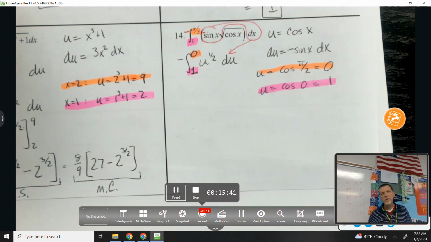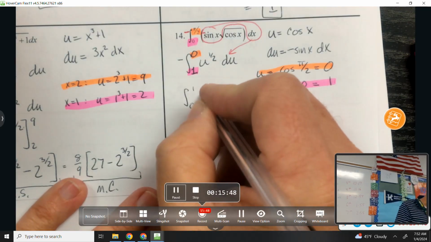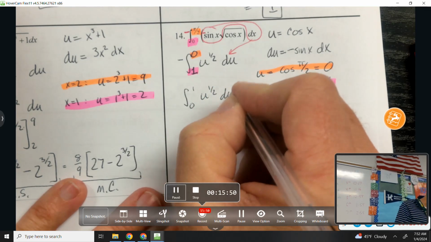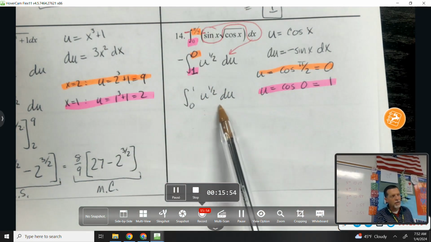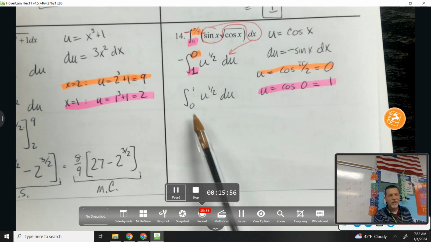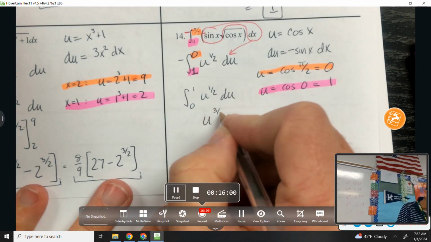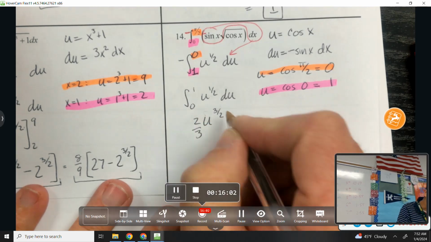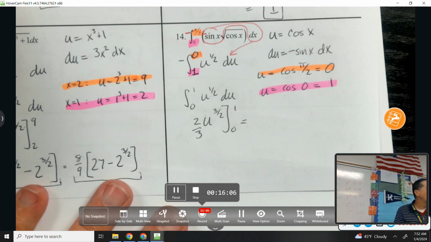Oh, another one where it feels like the order is switched. No big deal. We switch it back and change the sign. So 0 to 1, u to the 1/2 du. So that was a whole lot of work to get to this point. The idea is once you make it here, it should be easy. U to the 3/2 with the 2/3 from 0 to 1. Is this a safe stop?